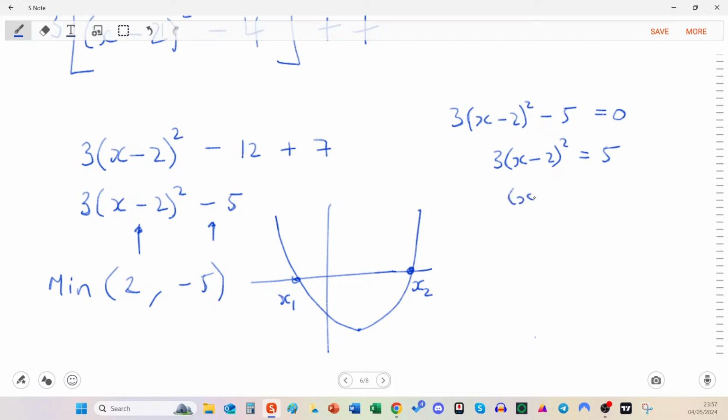I would then divide by 3. I would then square root, remembering to plus or minus, and then move the 2 over. So it's 2 plus or minus the square root of 5 over 3.